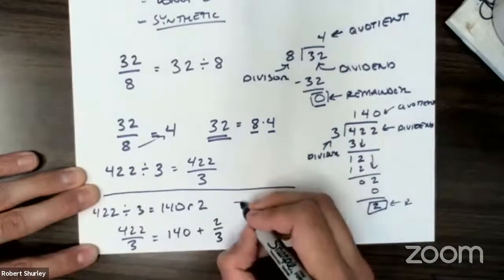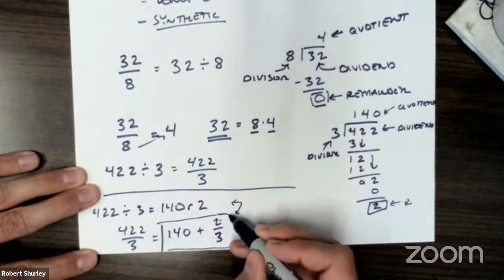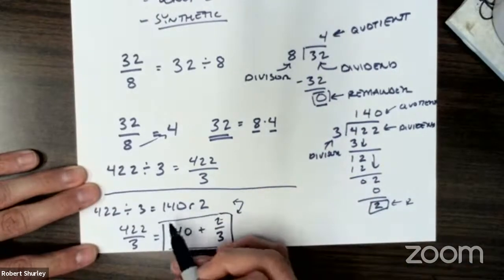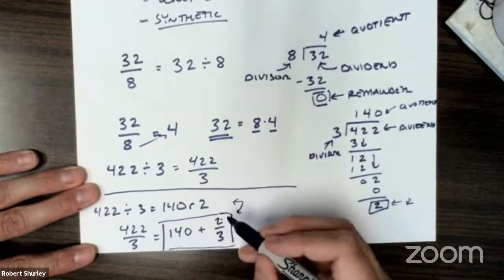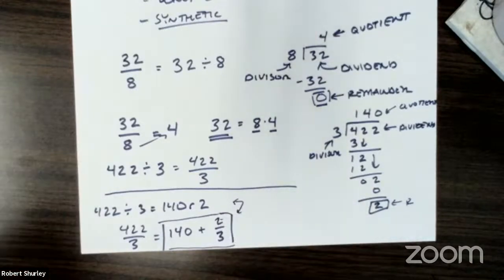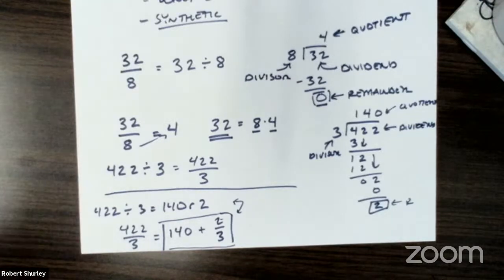These mean the same thing for this example, but we're going to write it in this form. So if we wind up with a remainder, you write your quotient plus your remainder over your divisor. Your book goes over this too.